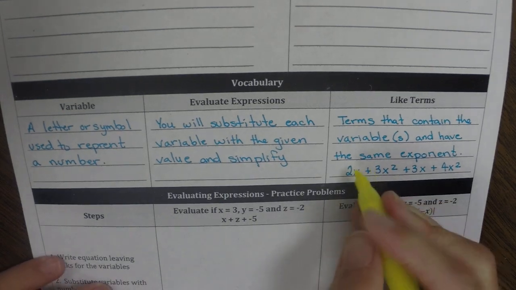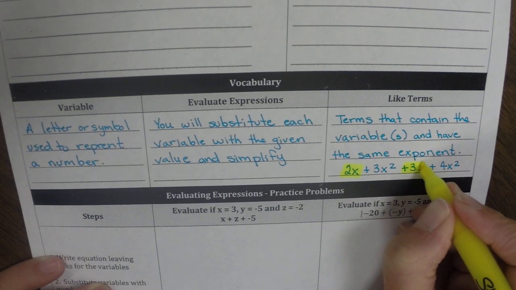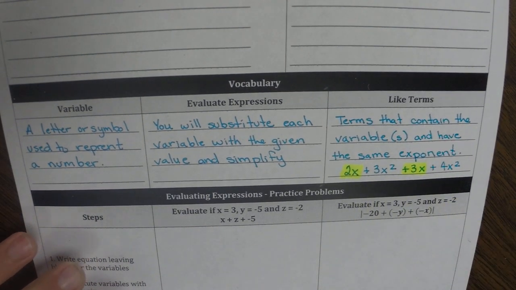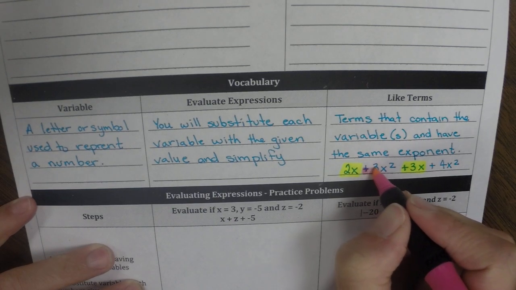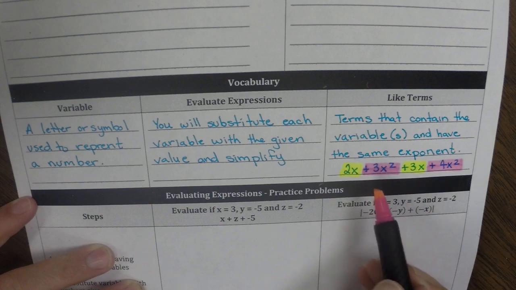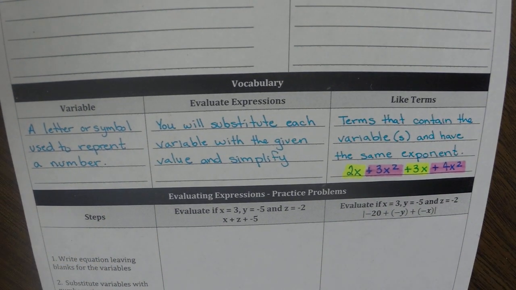So that means that the 2x is a like term with the 3x because they both have an x with no exponent, which means it's to the first power. But if we look at the next one, the 3x squared, this would go with this because they both have an x and an exponent of a 2. Okay? So that's what we mean by like terms having to have the same variable and the same exponent. But we'll get more into that on the back.